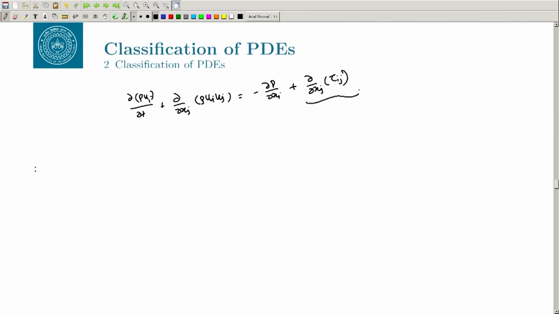and this term contains the derivative, and then you take the derivative again of that derivative.